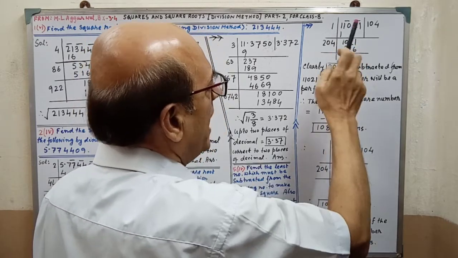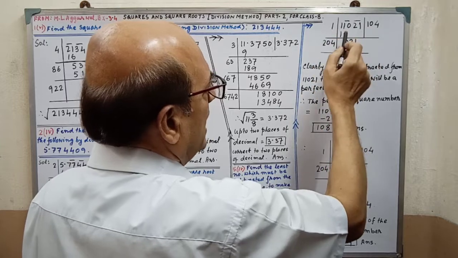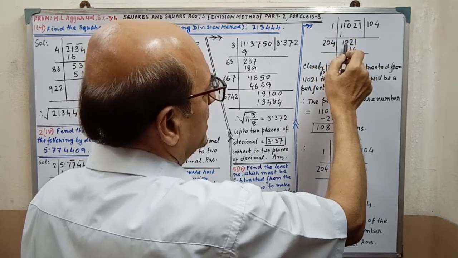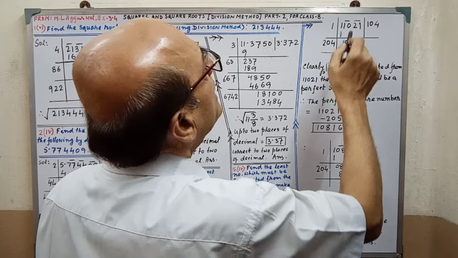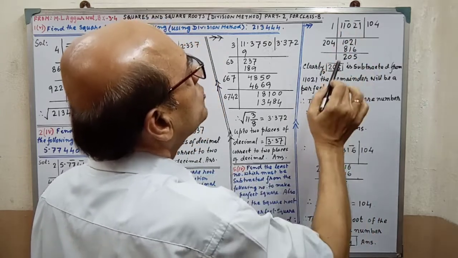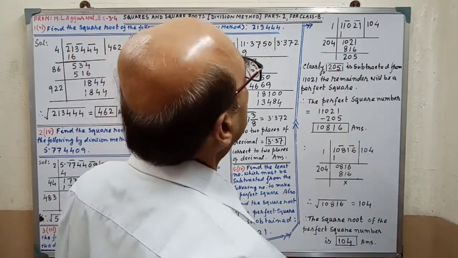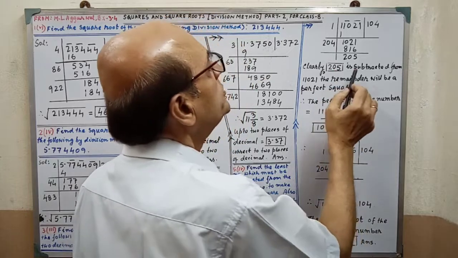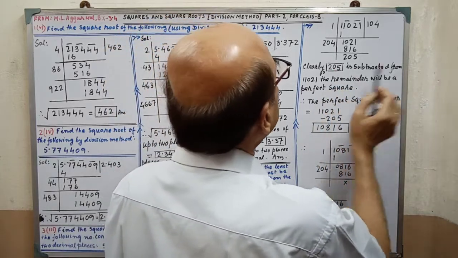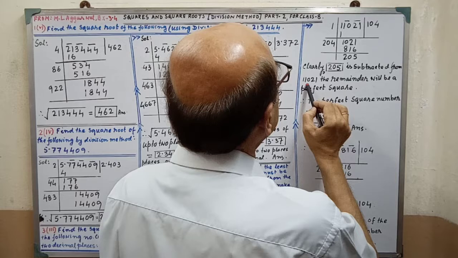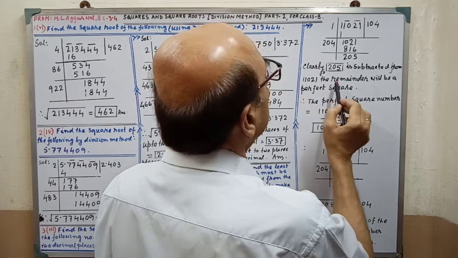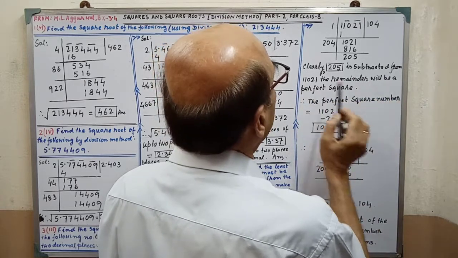With this digit we have to start, that is 1. After that, by subtraction, we are getting 1021. Exactly the previous method we have to follow. Here the remainder is 205. Clearly 205 is subtracted from the number, that is 11021, the remainder will be a perfect square.